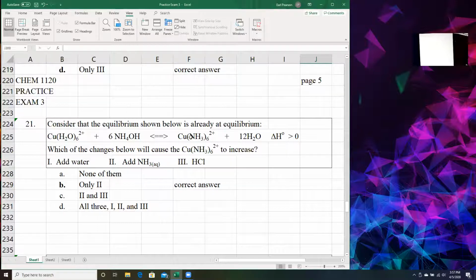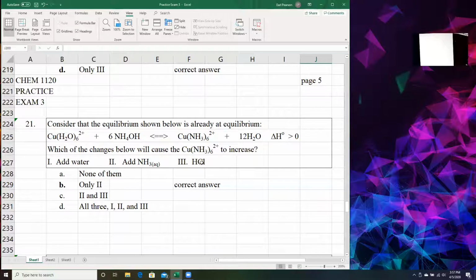Okay, well, now if I put ammonia into water, it makes ammonium hydroxide. So I know adding more ammonia adds more of this. It shifts to the right. Number 2 is certainly correct. That's going to work. If I add water, I dilute everything, so that's not going to make that concentration increase. It's going to make it go down.